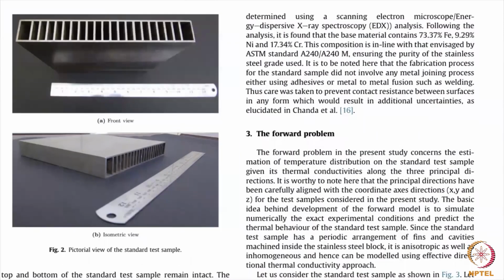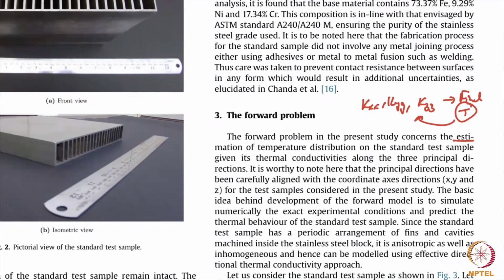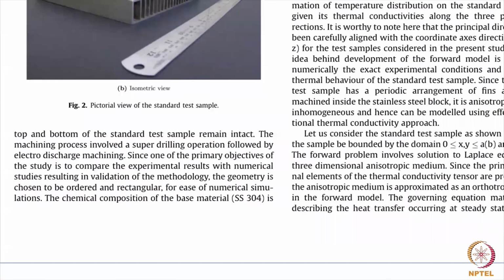The forward problem here is, remember, given kxx, kyy, kzz, find T. Remember, the inverse problem is given T, find kxx, kyy, kzz. So we are going the other way around in the forward problem. As is written here, you want to estimate the temperature distribution given its thermal conductivities along the three principal directions. The standard test sample is shown there.